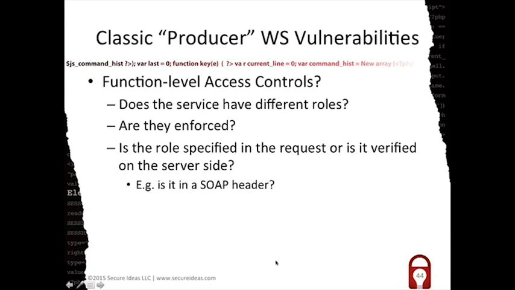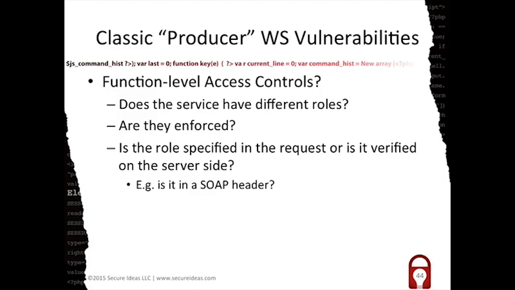So first, let's take a look at what I refer to as the producer web service vulnerabilities. So remember, the service producer is basically the server side of the equation. These are the types of vulnerabilities that will impact the server, or the producer of the web service itself.